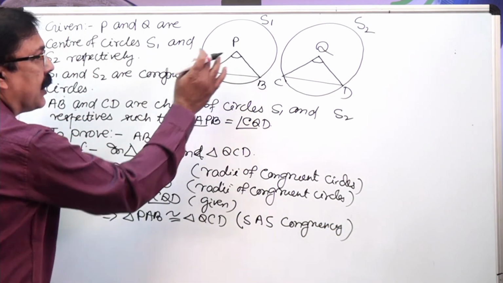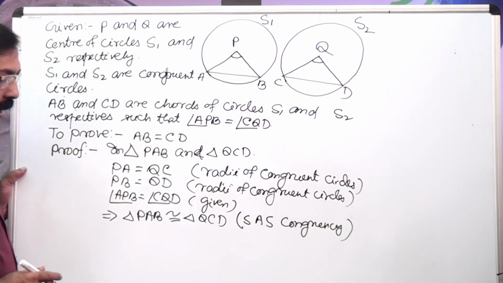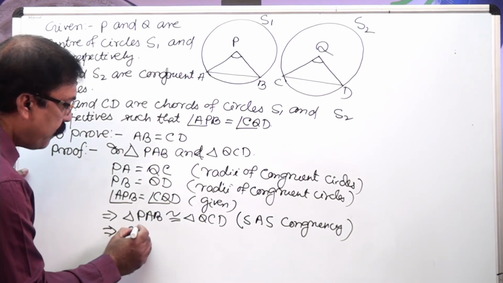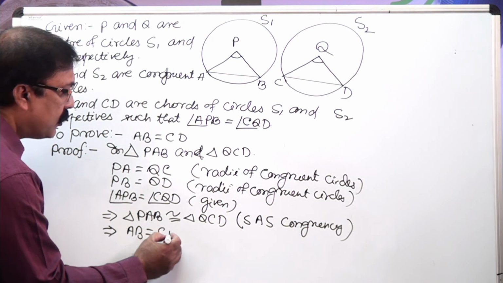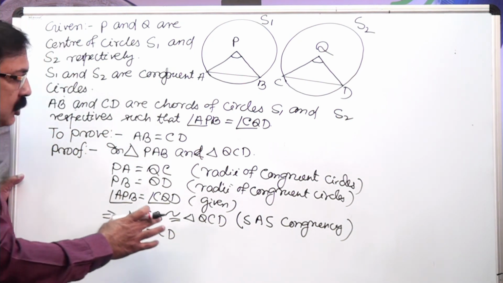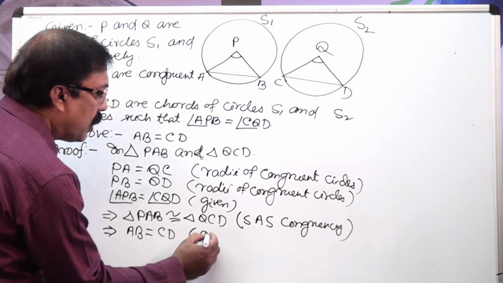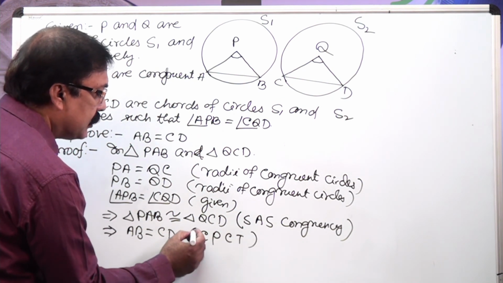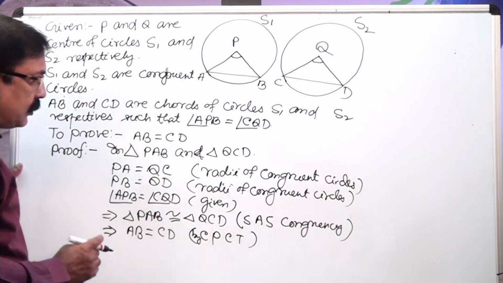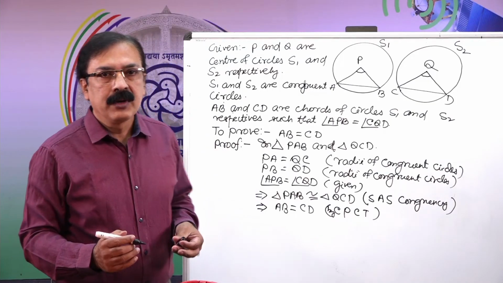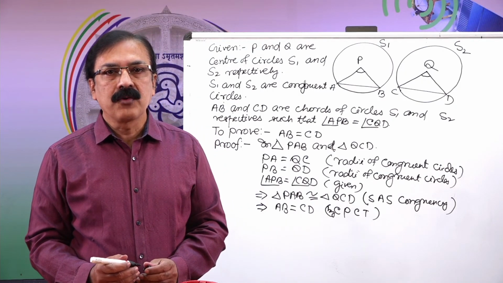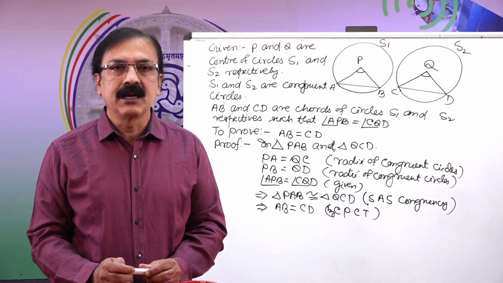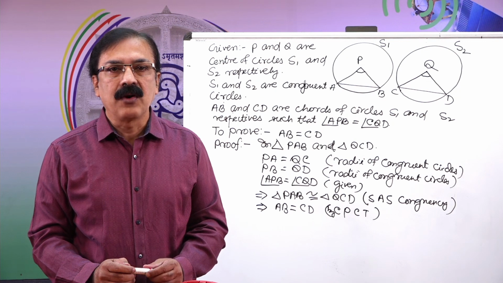Two sides and their included angle is given. So this shows that AB is equal to CD because these two are corresponding parts of congruent triangles. So thus we proved that if chords of congruent circles subtend equal angles at their centers, then the chords are equal.